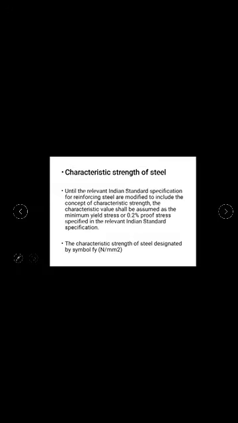So the 0.2% proof stress, the stress corresponding to 0.2% strain, is considered to be the yield stress, because it is very difficult to find the yield stress of steel, as steel will not fail at a particular time. It keeps on increasing its stress value, so it is difficult to find the stress at which it actually fails. That is why we consider the 0.2% proof stress as the yield stress. The characteristic strength of steel is designated by the term fy, which has units of megapascal or Newton per mm square.